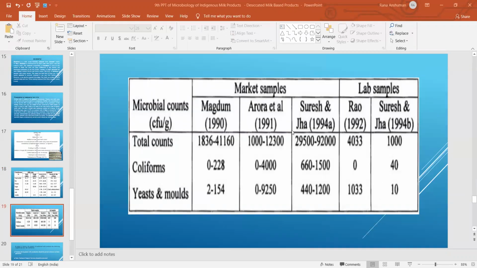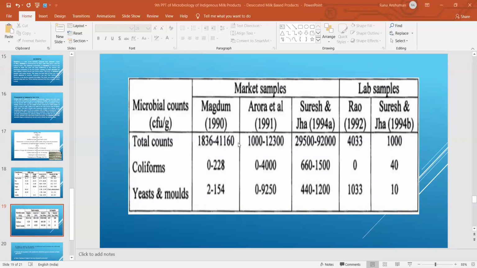Now, something about the microbiological counts. These are the different scientists who have collected samples of Kalakand from the market, and at the same time, they have also produced this product in the laboratory, and they have examined the microbiological level, especially for total count, coliform, and yeast and mold.